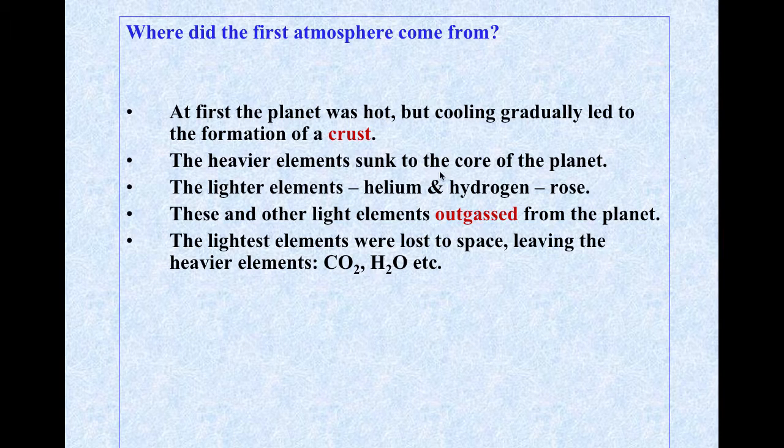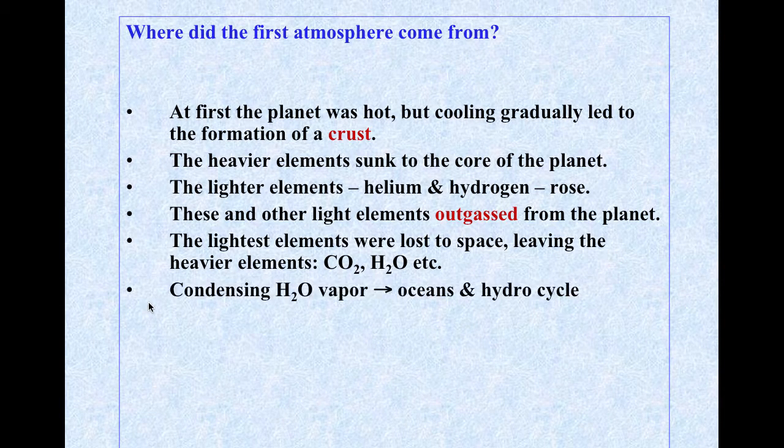The helium and the hydrogen got lost to outer space. They're so light that they can develop escape velocities and escape from the gravitational force of the planet. And so what's left over are things that will allow for carbon dioxide and water to remain.